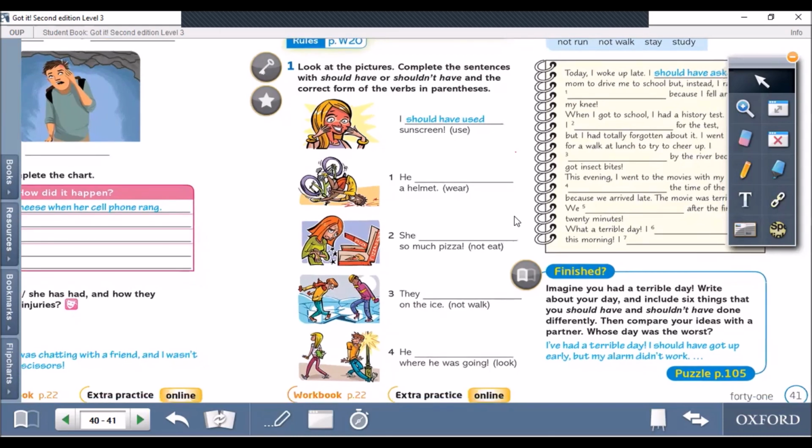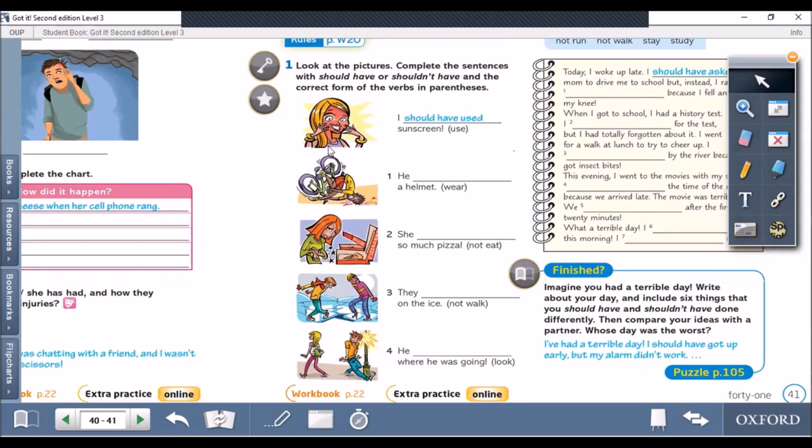Okay? Now, look at these pictures and read the sentences and complete the blank spaces with should have or shouldn't have and the correct form of the verb in parentheses. You can pause the video now, and then we are going to check.